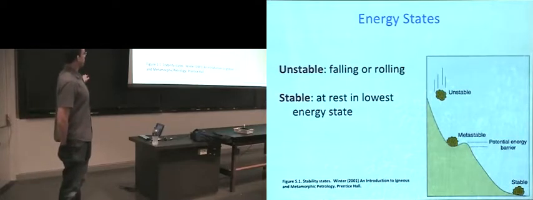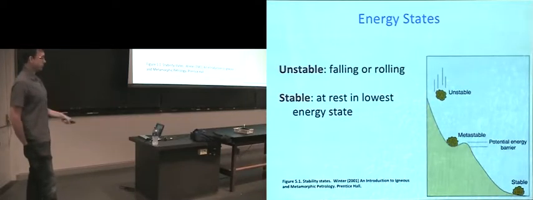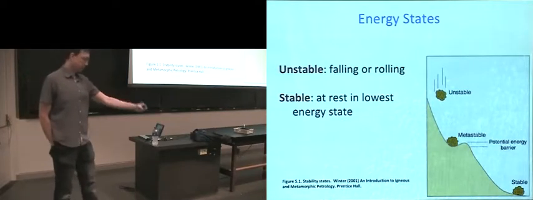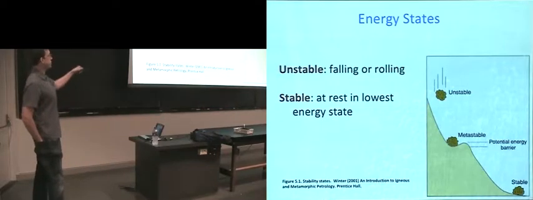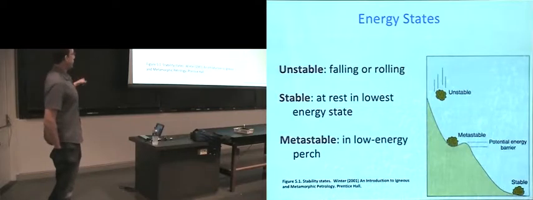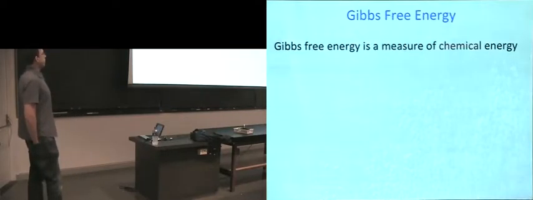So stable is when it's at rest in the lowest energy state in the system. Whatever we're talking about, whether it's the water bottle or a little bit of silicate melt or the diamond, it's going to try and go into this lowest energy state. And metastable is the low energy perch.